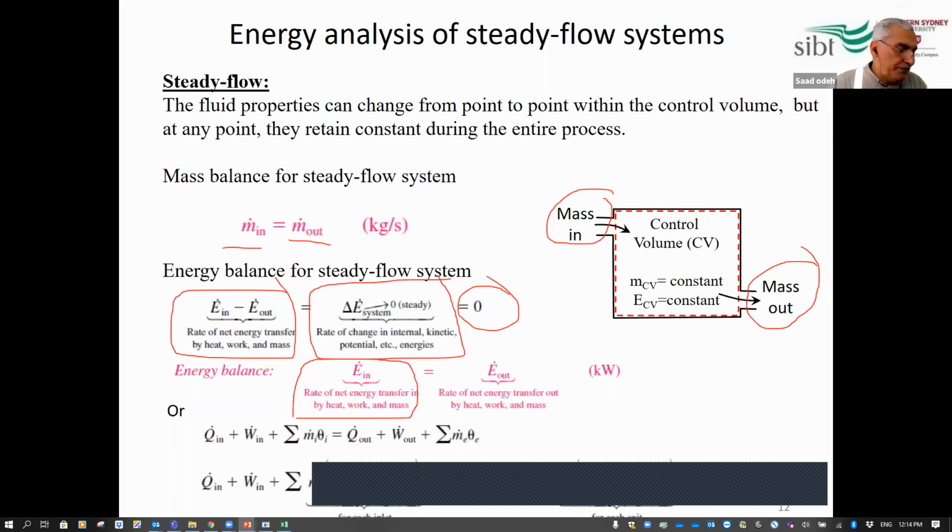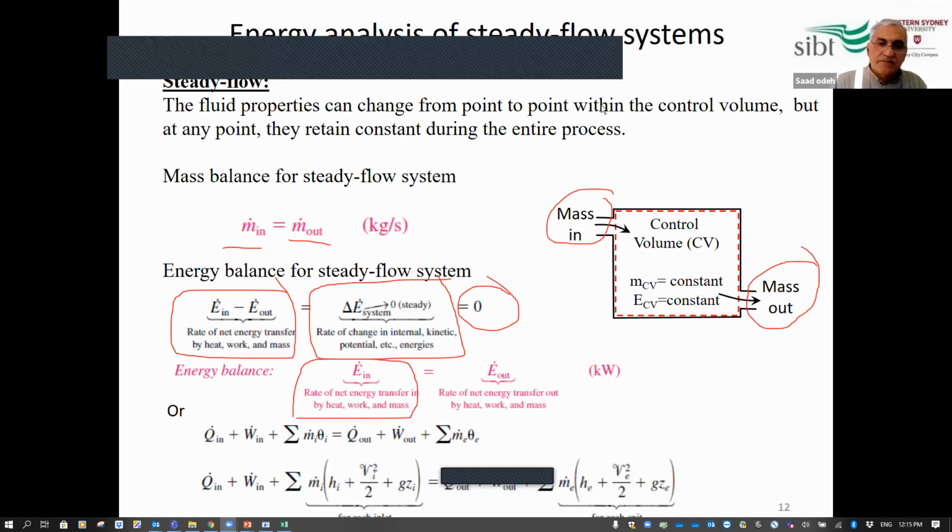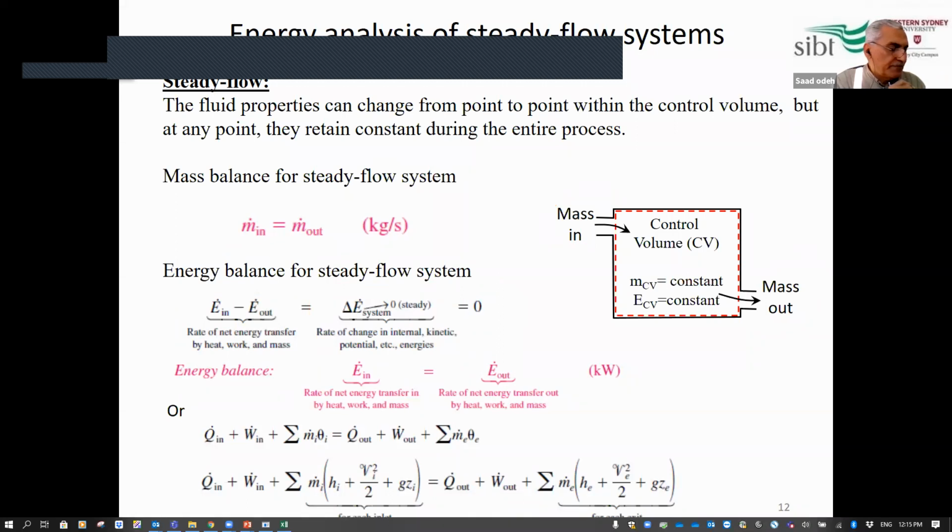Now this is the final shape of the equation, the energy equation or conservation equation of the system.